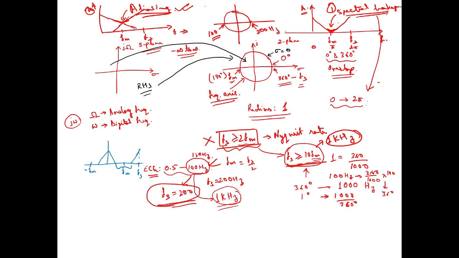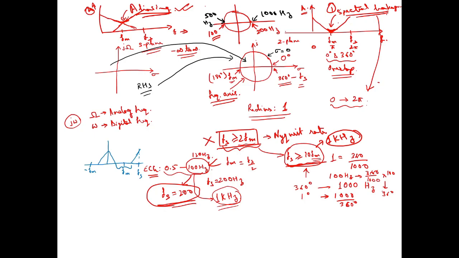So when this is happening, if you look into the Z plane again, 1000 hertz comes over here, and here we will get 500 hertz, right? So where will my 100 hertz be?